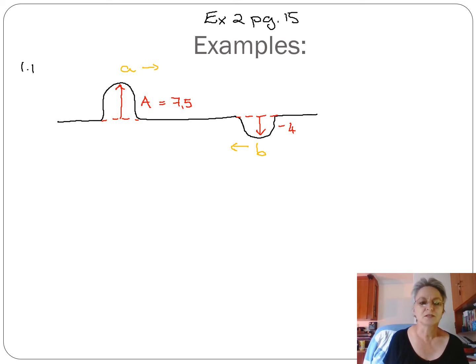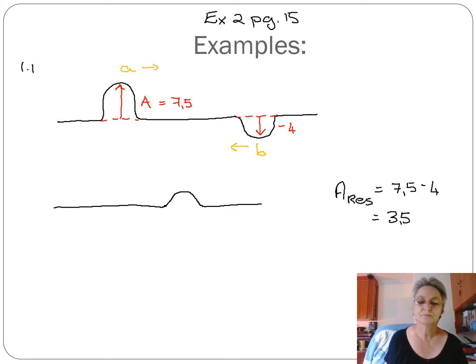When these two pulses meet, what will the amplitude be? The resultant amplitude will be 7.5 minus 4. We're adding two vector quantities and we get 3.5. Because the resultant pulse is less than any of the other two pulse amplitudes, this is called destructive interference. So the amplitude there is plus 3.5.